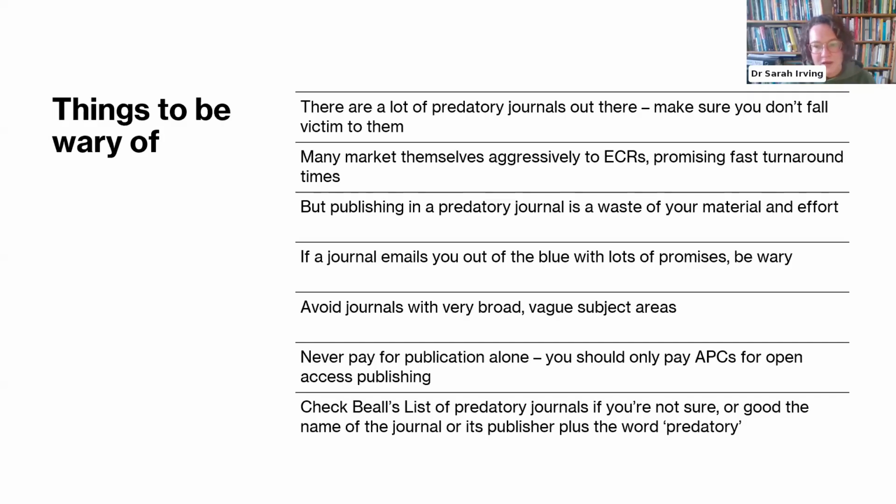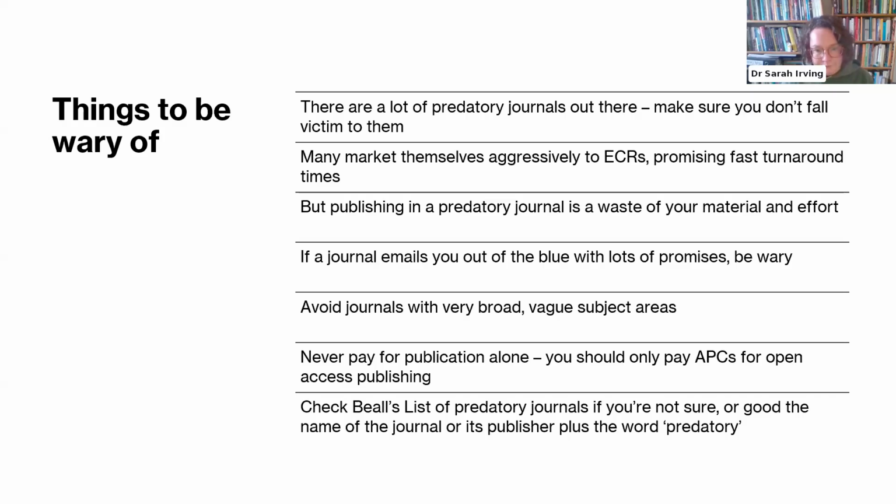They will also be charging just for publication, and you should never pay just for publication. You should only pay what is called an article processing charge, or ask your university to pay an article processing charge if it is for open access publishing, for green or gold open access publishing. You should never pay just to publish.